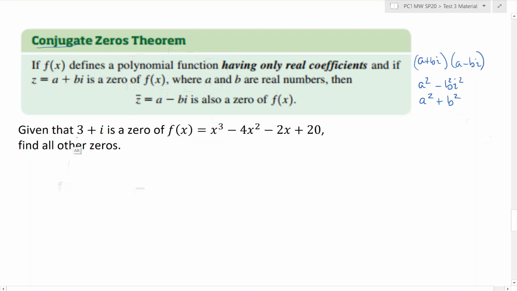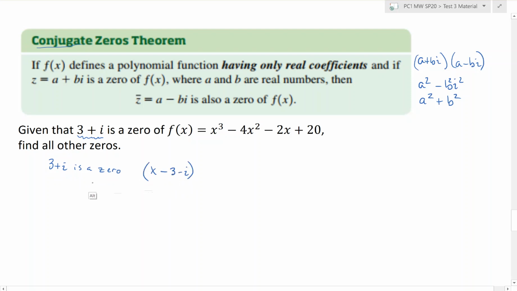So here they are giving us the information that 3 plus i is a zero of this polynomial. Find all the other zeros. It's kind of a hefty problem, but I do know that if 3 plus i is a zero, then x minus that is a factor. So it'd be x minus 3 minus i.